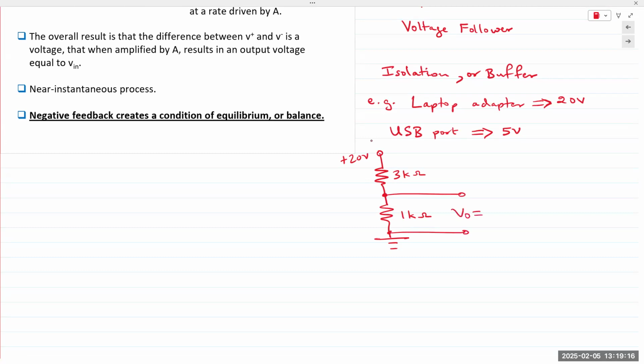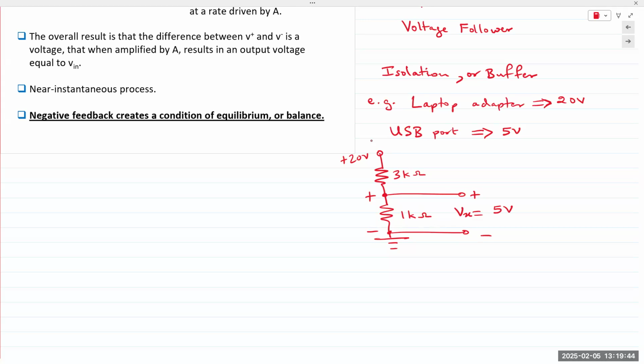V out here, let's not confuse it, let's call it Vx, would be 5 volts. Right, 5 volts. So this voltage divider circuit is supposed to supply 5 volts to the output.